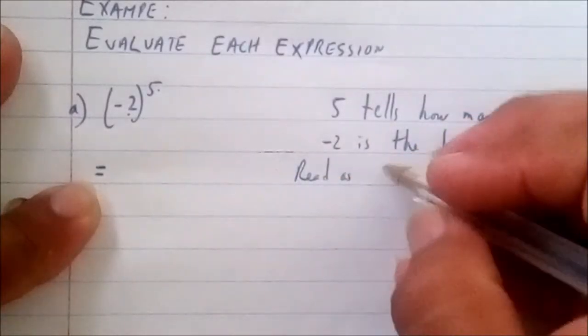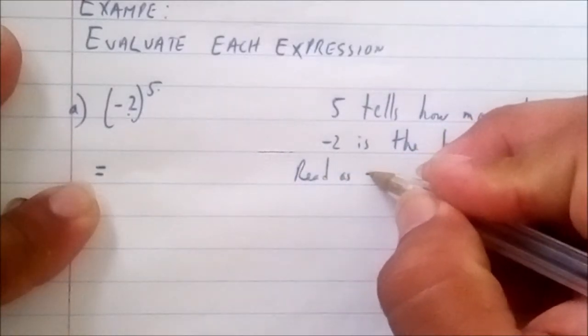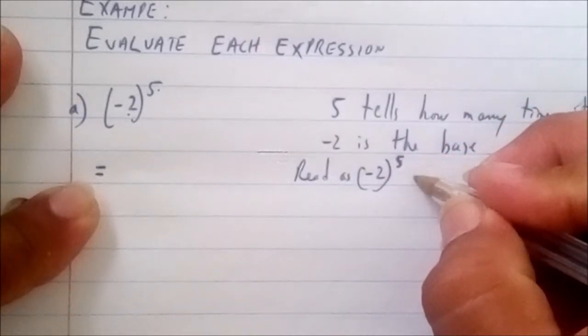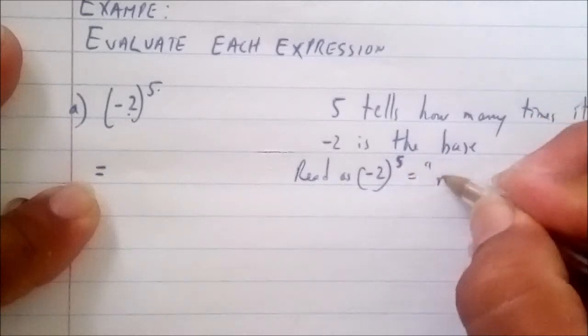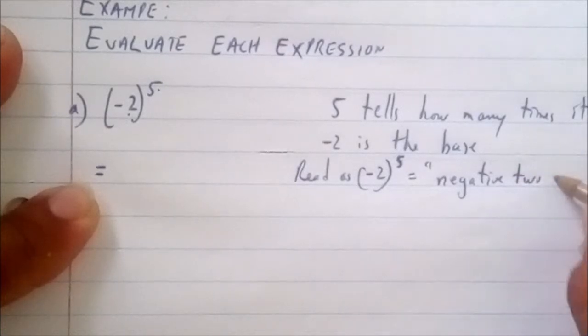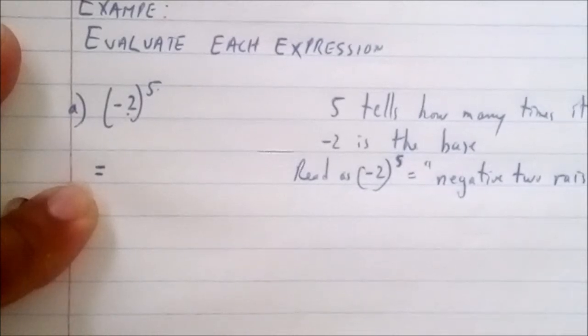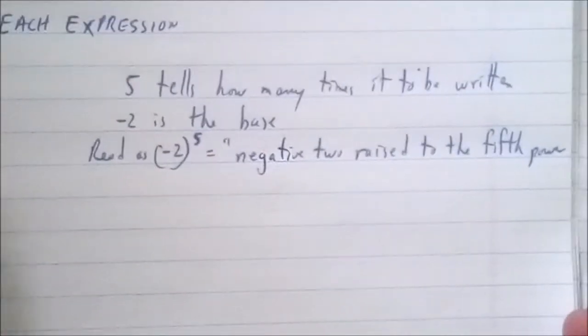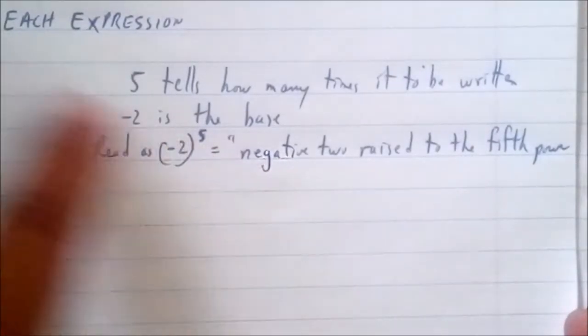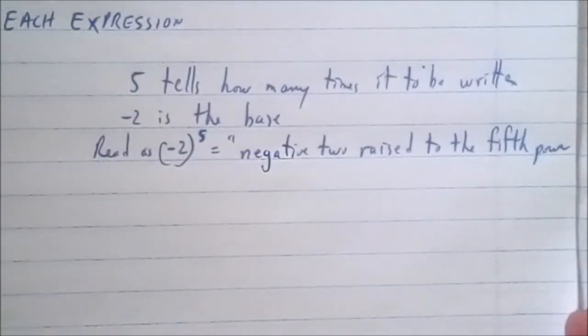This is read as to say negative 2, and we put 5th here, and that is read as negative 2 raised to the 5th power. So that is how it is read. Negative 2 is raised to the 5th power. Remember, the 5 is the exponent, the negative 2 is the base.